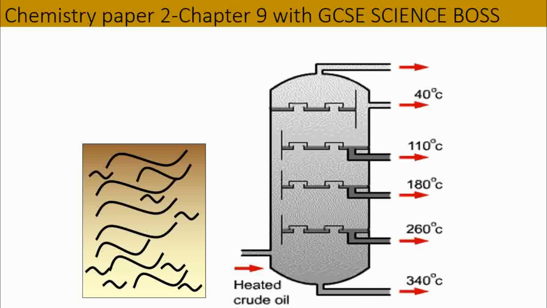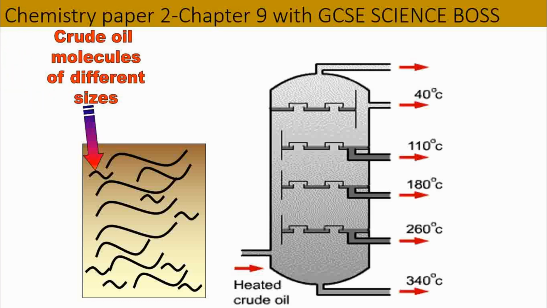Now, you must know the process of fractional distillation. Now, in step 1, here I have my mixture of hydrocarbons, okay? Notice that some are big, some are large, okay? So I have my crude oil of different sizes. So the first thing that you need to note is that your fractionating column is on a temperature gradient, okay?